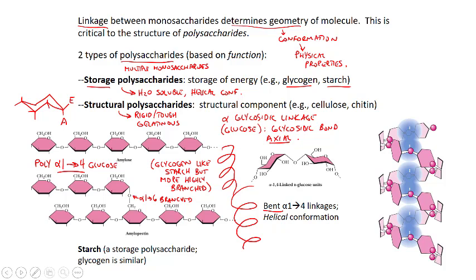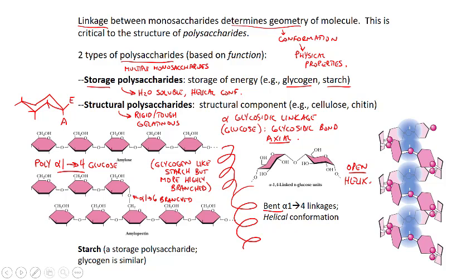Don't think of this as being like an alpha helix for protein. Alpha helices are very, very tightly coiled, and you have hydrogen bonding between amino acids. We don't have hydrogen bonding here with anything except water. It's very open in conformation.